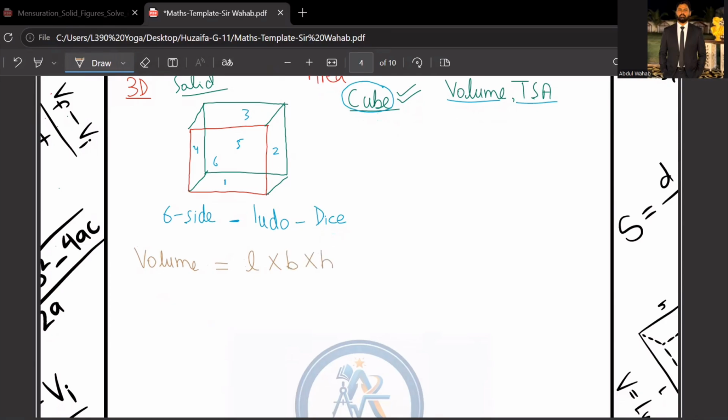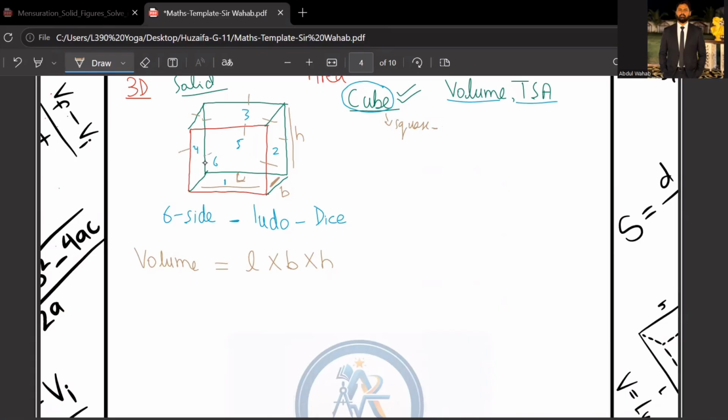As we see, this side is the breadth, this side is the height, and this side is the length. And as we discussed, we get the cube from the square. A square is a figure in which all the sides are equal, so all the sides of the cube are equal.